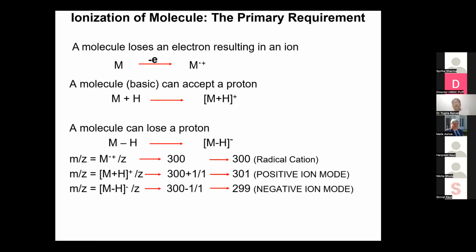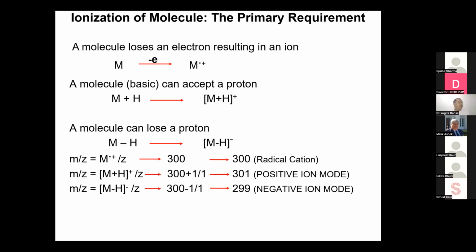This is the very first requirement. A mass spectrometer will work for a molecule only if that molecule is ionized. If a molecule cannot be ionized, it cannot be detected by a mass spectrometer. That is the only limitation of a mass spectrometer.